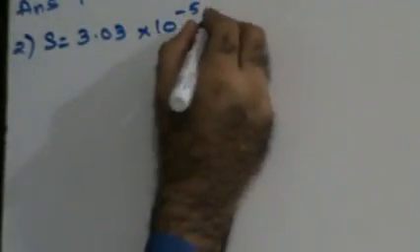The solubility of lead sulfate is 3.03 into 10 raised to minus 5 kgs per decimeter cube.